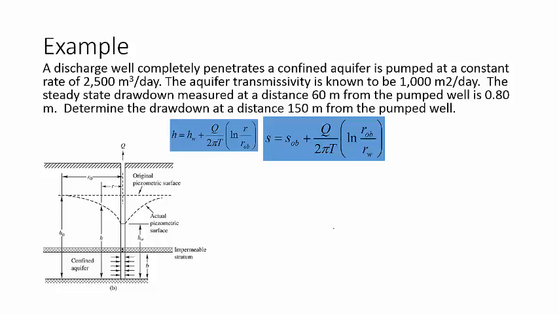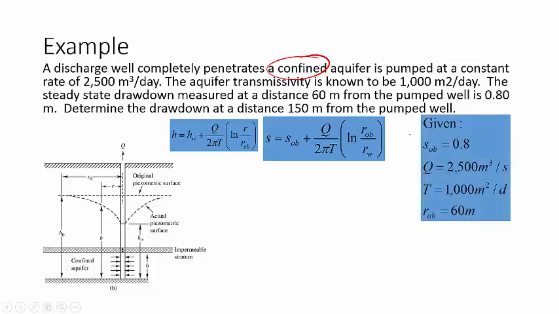So you know that this is a confined aquifer, so immediately you know which equation you need to use. And then look at the givens. You have the steady state drawdown, which is 0.8 meters, and that's at a distance of 60 meters. So these two are related.